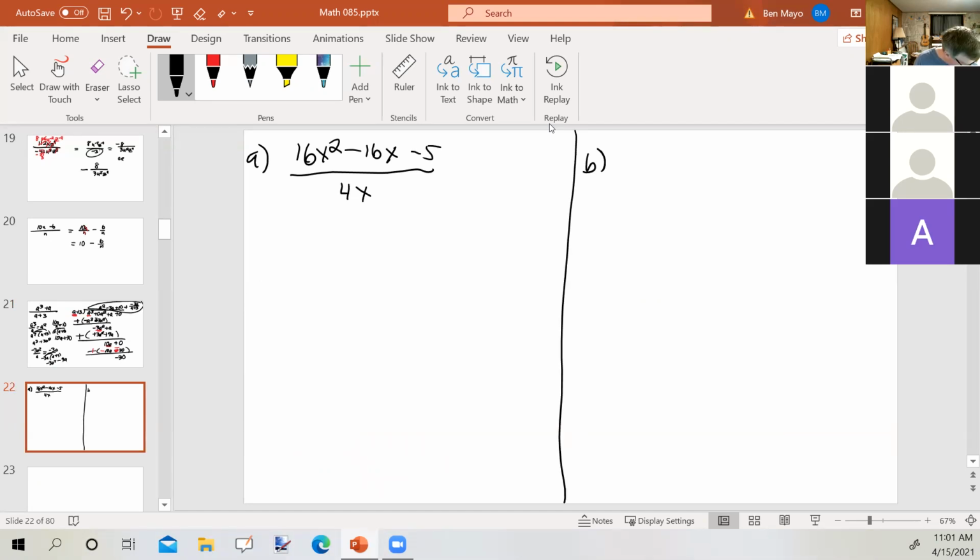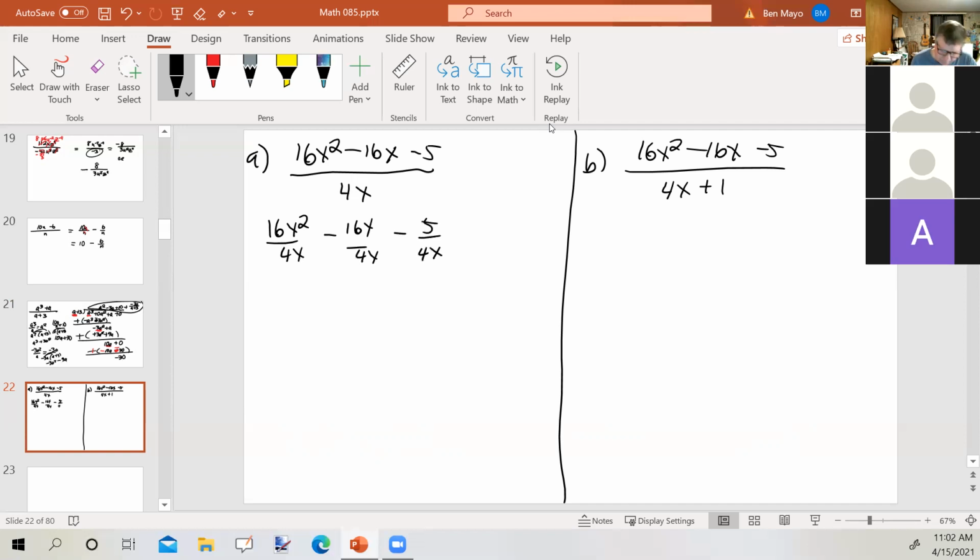And part B is 16x squared minus 16x minus 5 divided by 4x plus 1. So the numerators are the same, but the denominators are different. In part A, the denominator is a monomial. So we're going to split it up into 3 separate fractions like that.